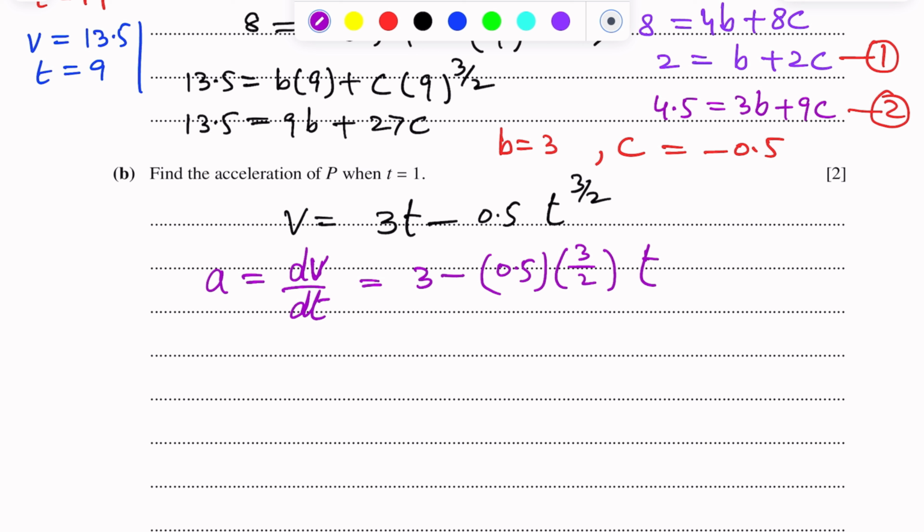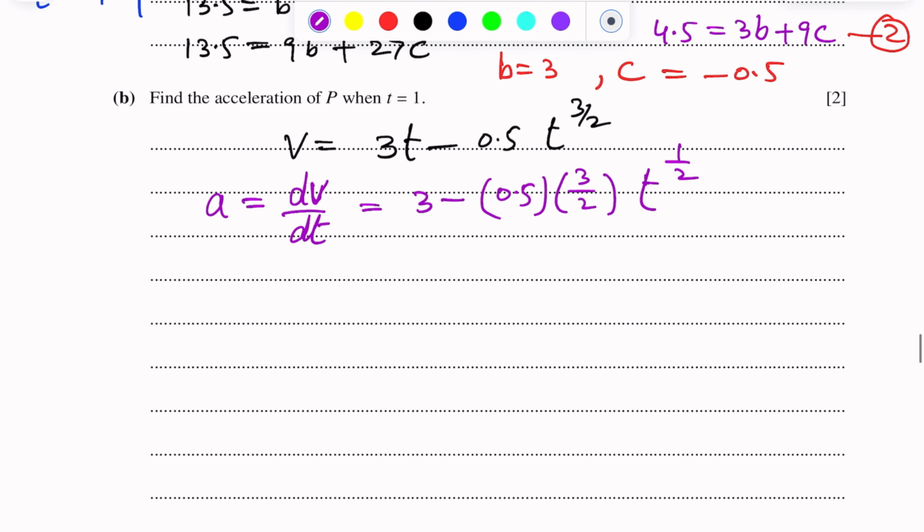The power of t will be decreased using the differentiation process. 3 over 2 minus 1 we will write here. So the power becomes 1 over 2.